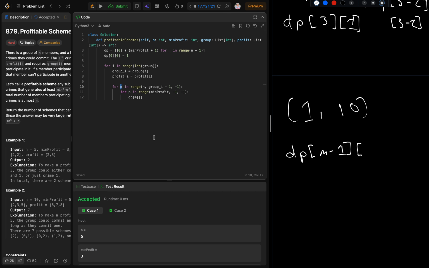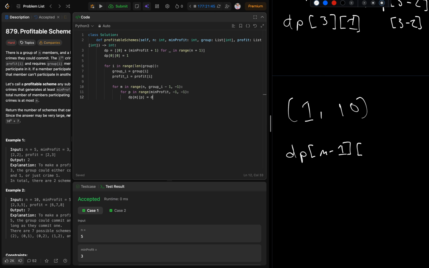But also we have to note that if our P minus profit I is negative, we have to use 0 as the default value, because you can't have negative profit.